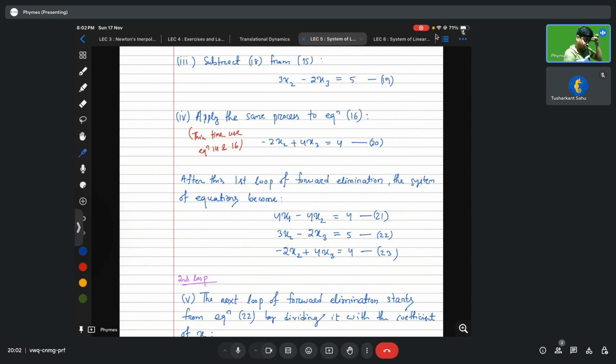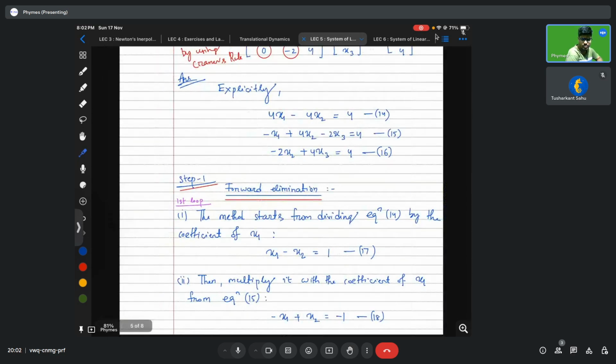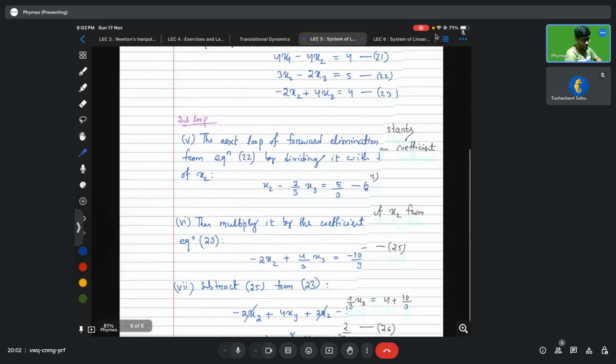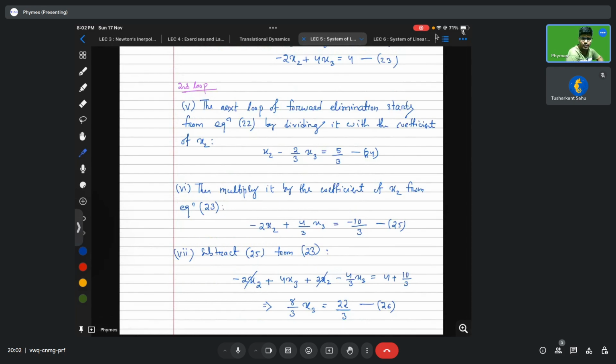So in the first loop of the forward elimination, you have to eliminate all the x1 quantities below this first equation. Then in the second loop, you have to eliminate all the x2 quantities below this second equation, right? To make the coefficient matrix triangular, right? Is it okay, or was there any problem?